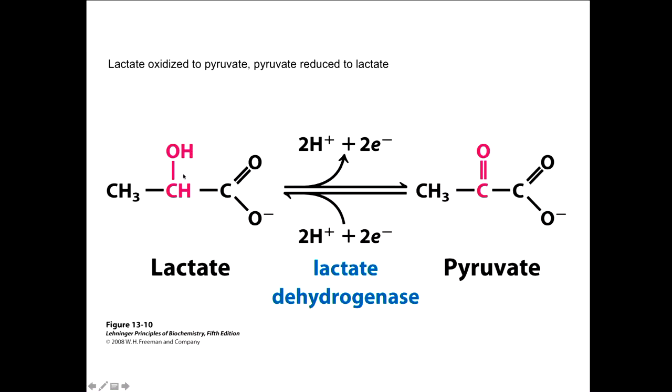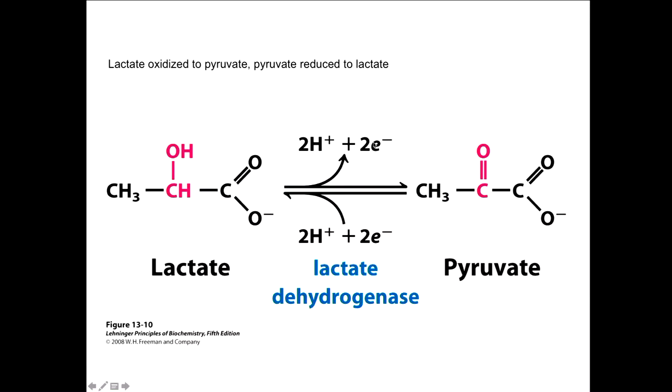So what happens here? We go from lactate to pyruvate. We lose two protons and two electrons to get the carbon-oxygen double bond. So the lactate is oxidized to pyruvate.